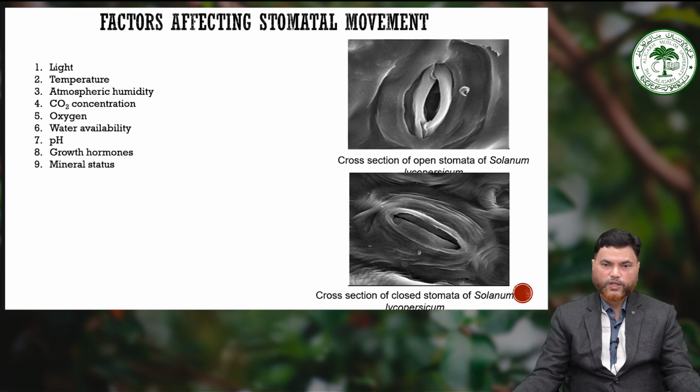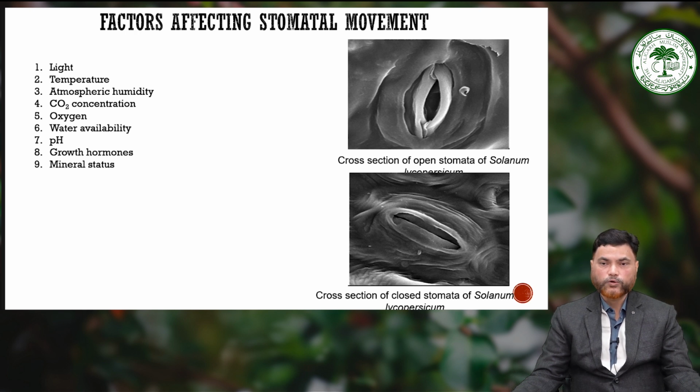in plants. So what is the impact of CO2 concentration on stomatal movement? It is mainly the internal level of carbon dioxide which plays a pivotal role in opening and closing of stomata. In most plants, low carbon dioxide concentration in intercellular spaces causes stomatal opening during night time, whereas high concentration of CO2 in intercellular spaces causes partial closure of stomata during daytime.